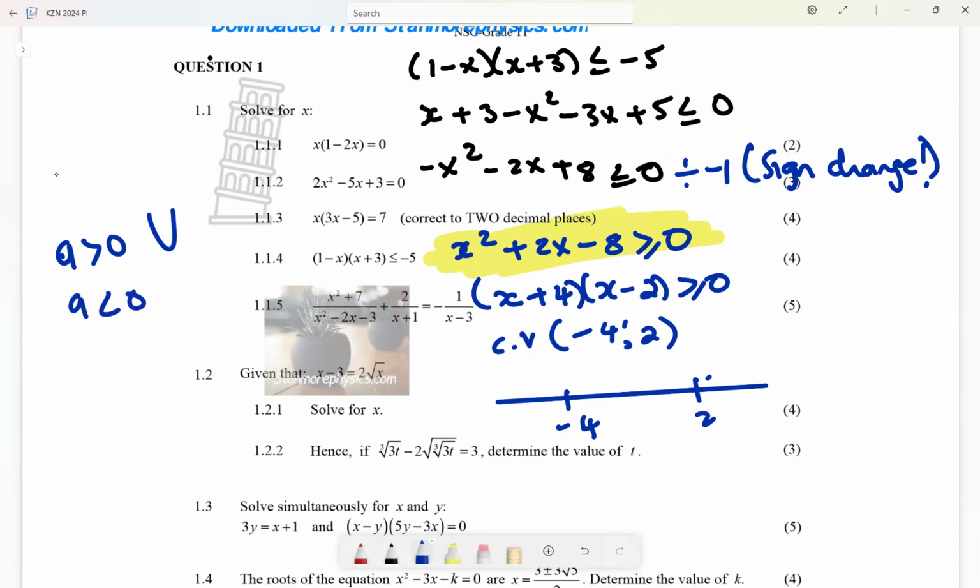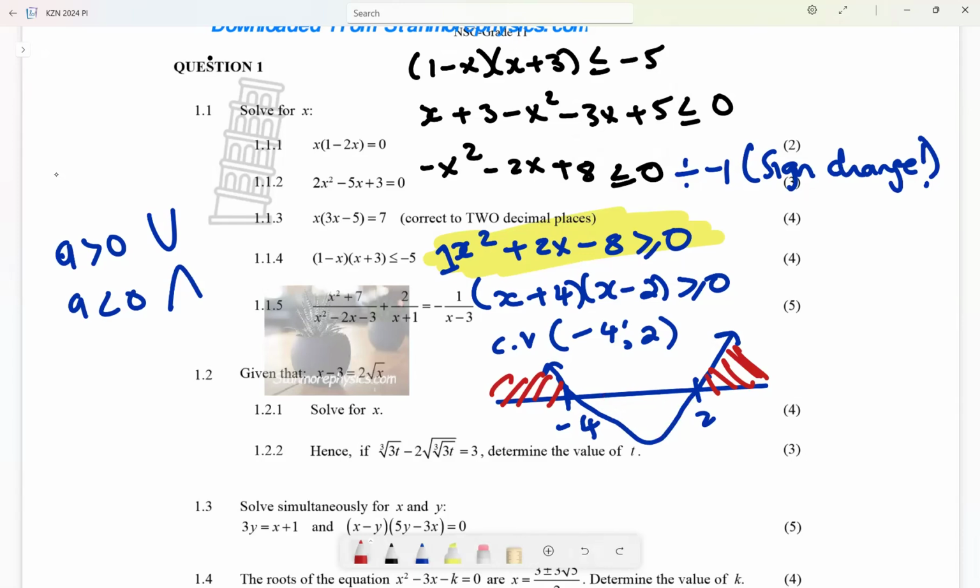If a is less than 0, it is sad like that. So here we can see a is positive 1, so it means it is happy, so it will be something like that. Now we want where it is greater than or equal to 0. Where is it greater? This part it is greater. This part it is greater. Whereas this one it is less.